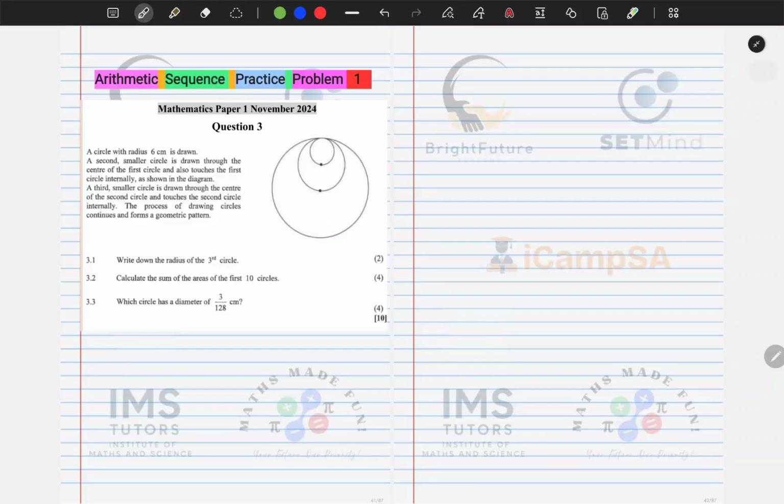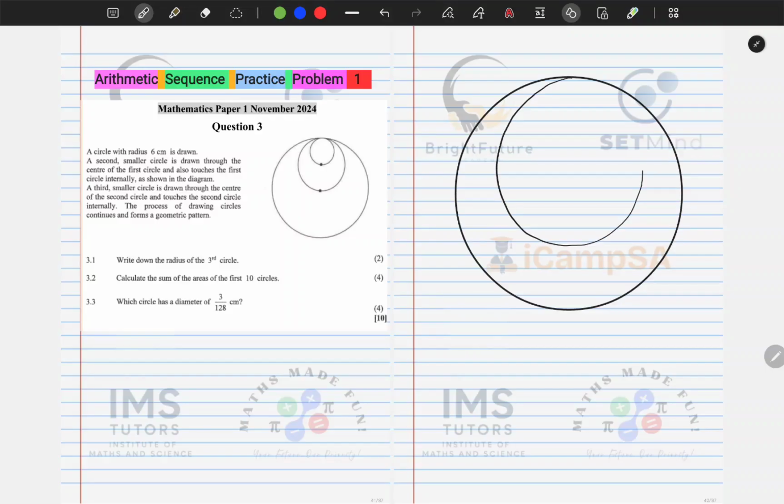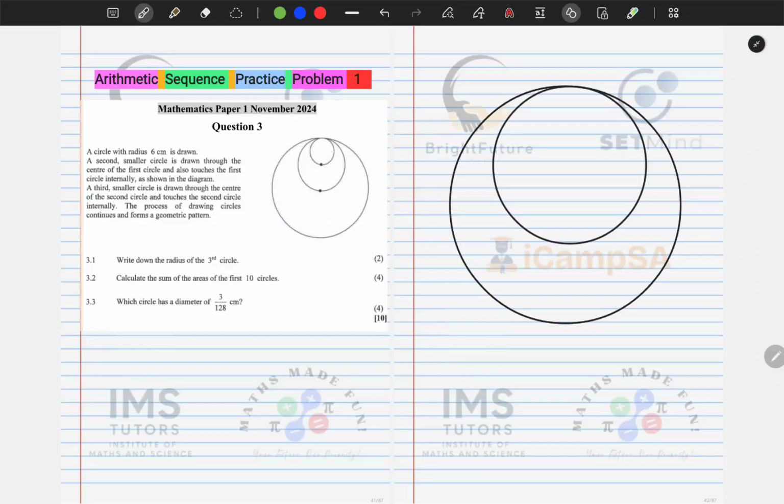But in order for us to have an appreciation of what is going on here, I'm going to quickly draw these circles and then we label them. So I'm going to draw the second one. Then let's draw the smallest one. Okay, then I'm going to move it inside like that.